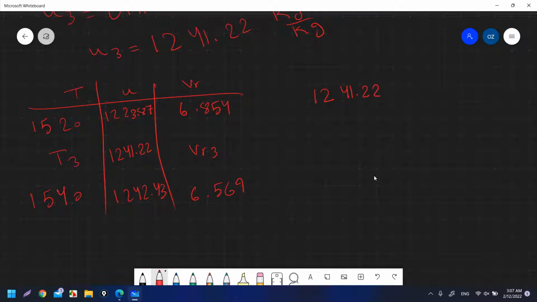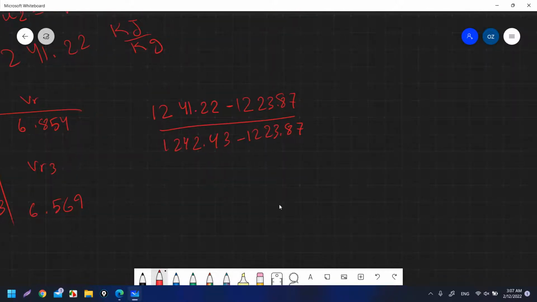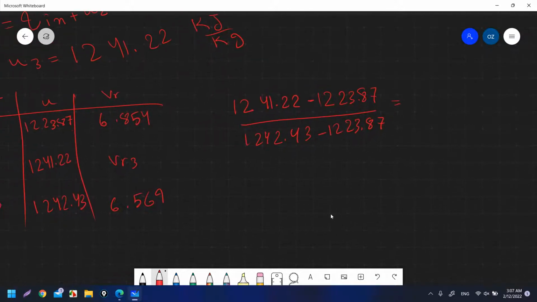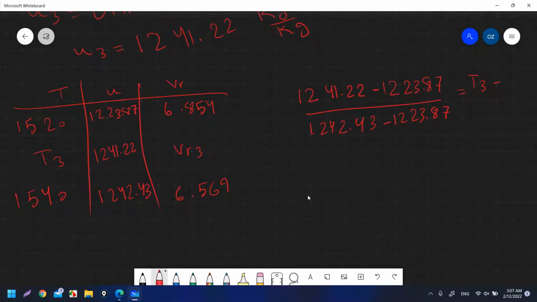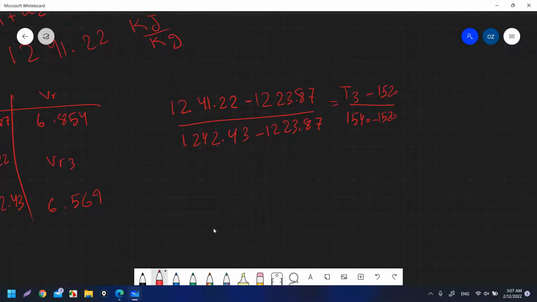1241.22, the internal specific energy, over 1242.43 minus 1223.87, and this is equal to the temperature T3 minus 1520 over 1540 minus 1520, and this will also equal VR3 minus 6.854 over 6.569 minus 6.854.